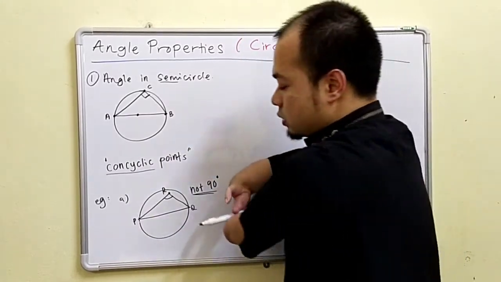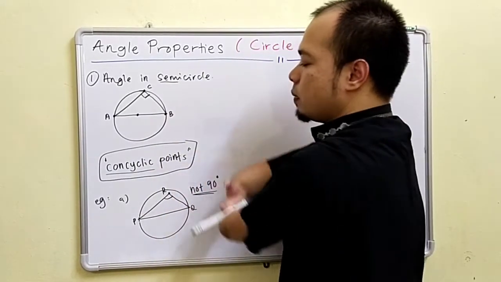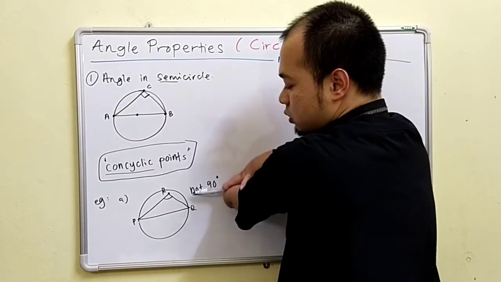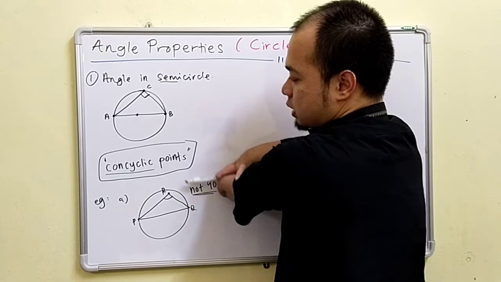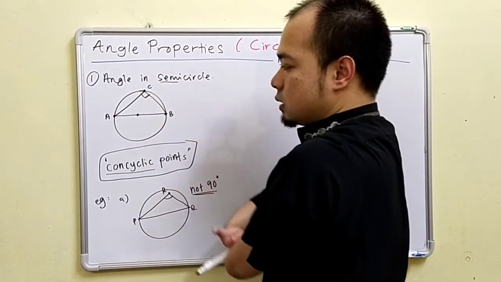Why? Because point R is not what we call a concyclic point. So the condition to make it a right angle triangle is that it must be on the circumference.